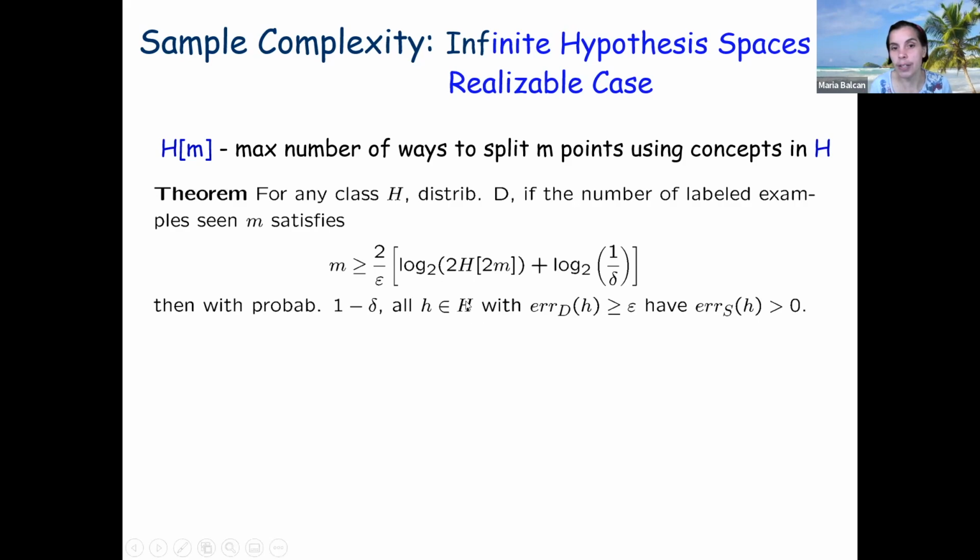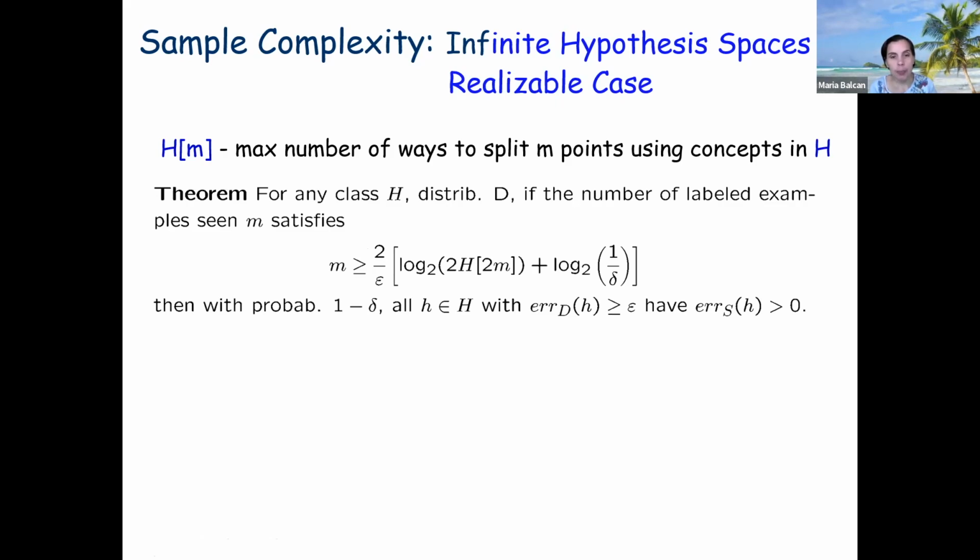So essentially, we can replace size of H with the shattering coefficient. There's also some change in the constants, but those are minor. Really, the major change here was that size of H was replaced with H of 2m, which is the maximum number of ways of labeling 2m points using concepts from our concept space.